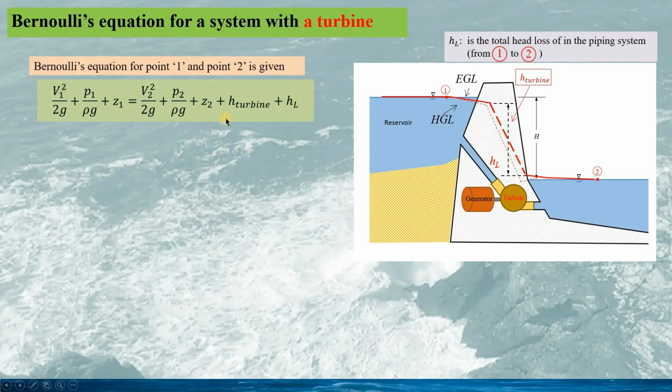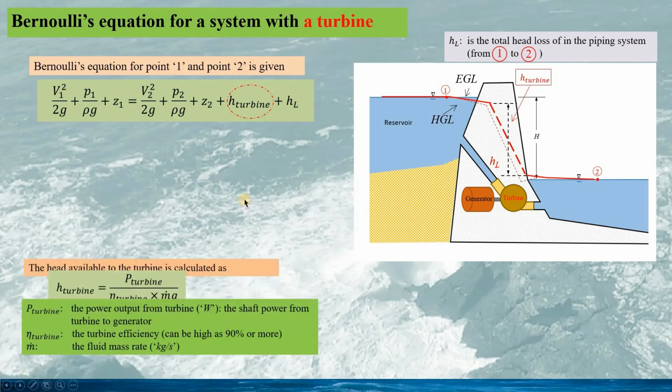The modified Bernoulli's equation for the system with the turbine would be given as this for point 1 here and point 2 here. So we can see H turbine here is a positive value. It is on the right-hand side of the Bernoulli's equation.